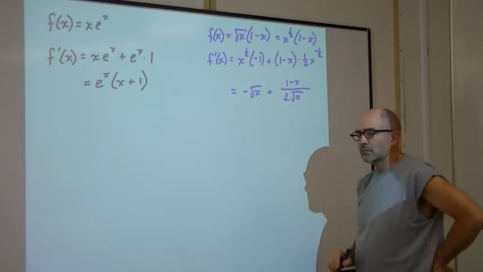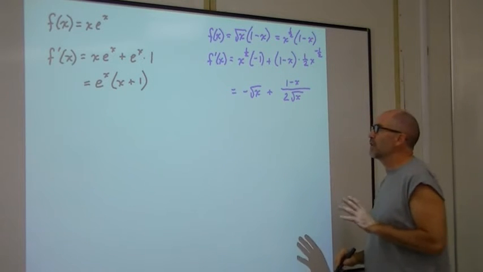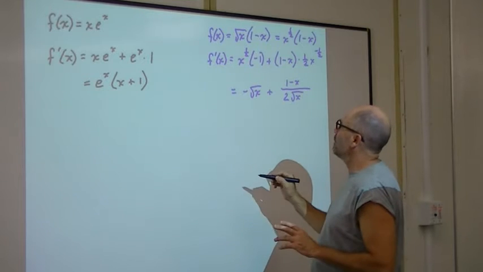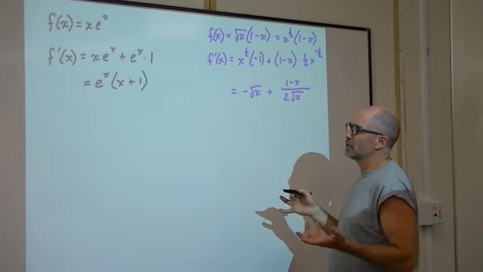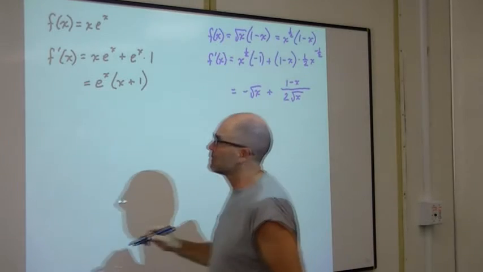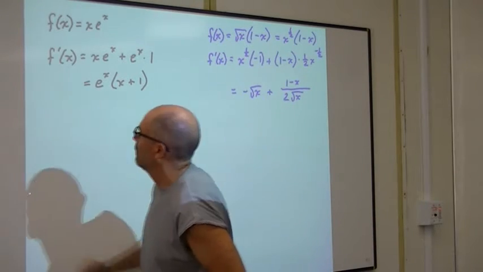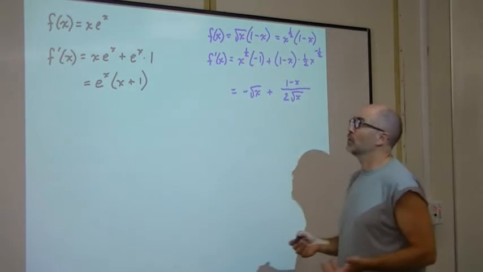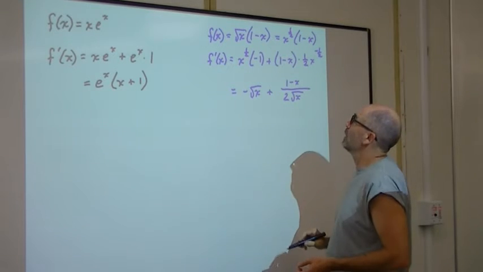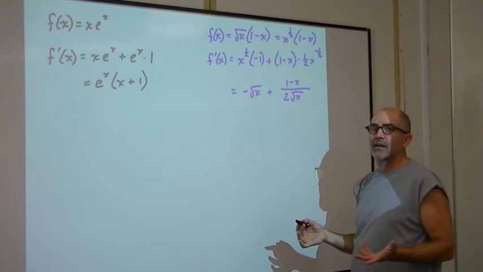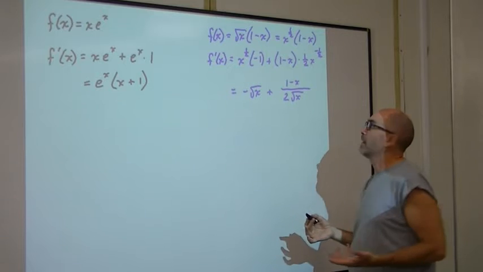Now, one thing I want you to be careful of, though, is don't just jump right into the product rule when you don't have to. This is an example of a problem like what we had from section 1.